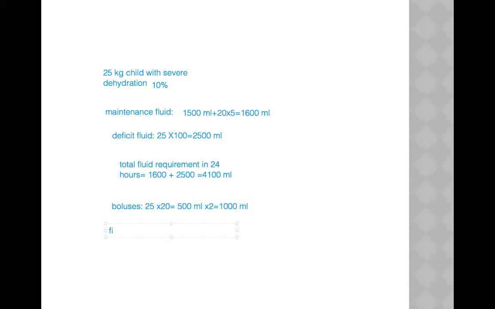So in the first 8 hours I will give 2050 ml, and the remaining 16 hours I will give another 2050 ml, exactly half of the total fluid requirement. Is it clear? I think it is very clear, right?